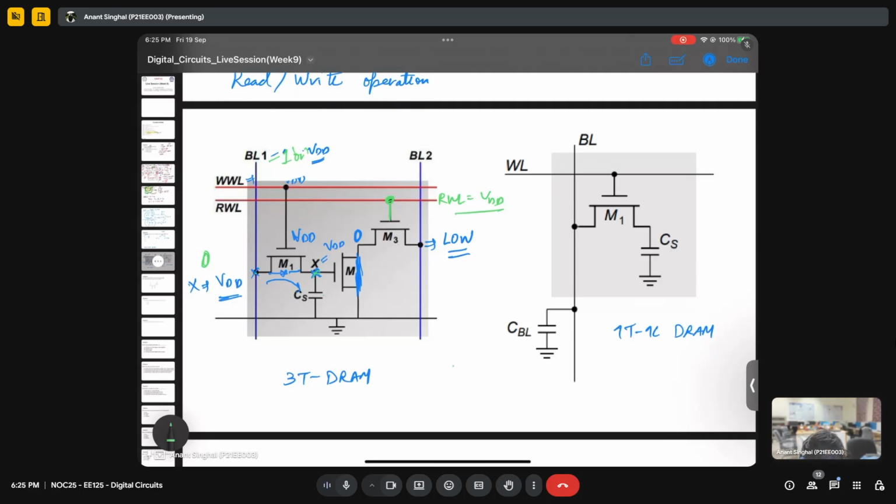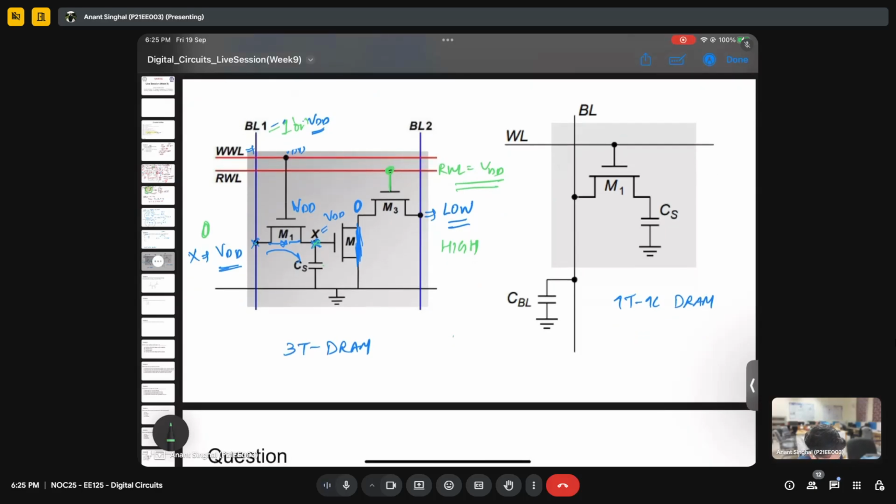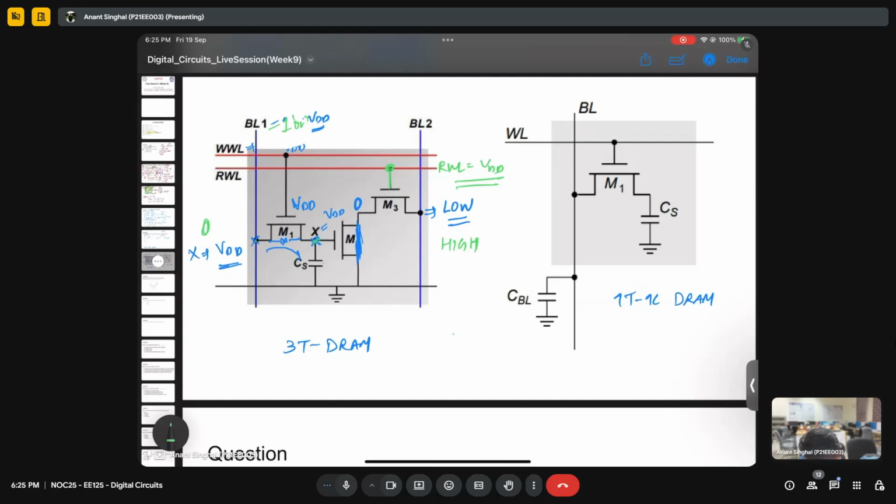Once you make this VDD, this will become high. Just to explain in very simple terms, for example in this 1T1C, if you make the bit line and the word line VDD, this will be like a short circuit. This capacitor will get charged, so it is basically storing VDD, right?